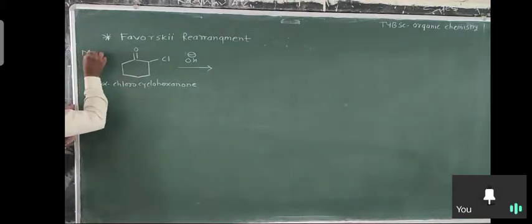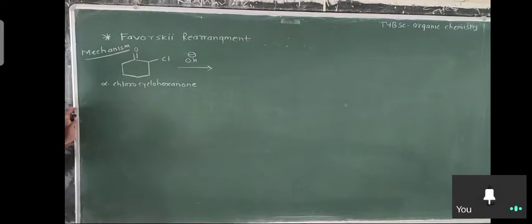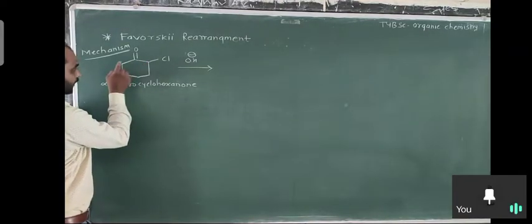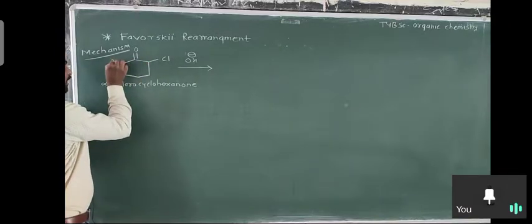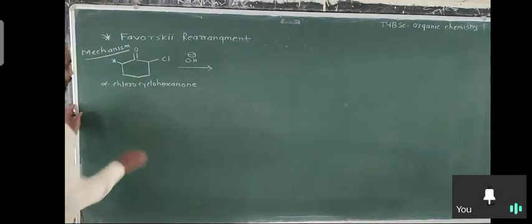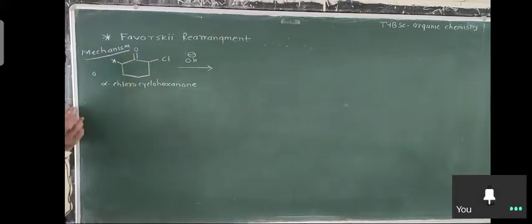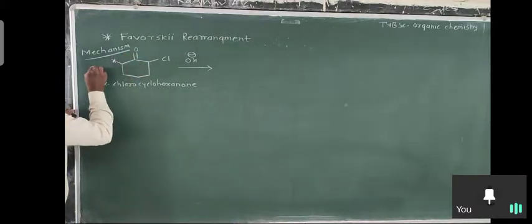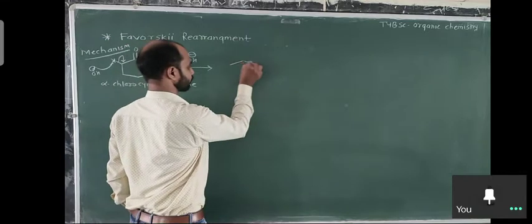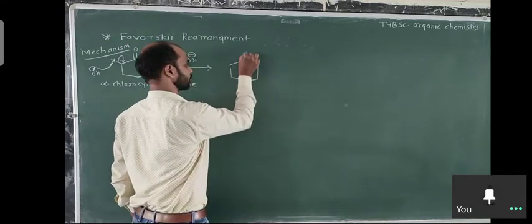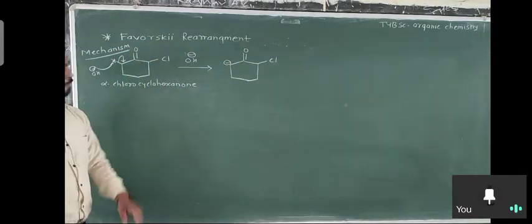We discuss the mechanism here. In the first step, here is the alpha position with the Cl, and the other alpha position has hydrogens. These hydrogens are acidic due to the carbonyl group. So OH minus in the first step abstracts this proton.